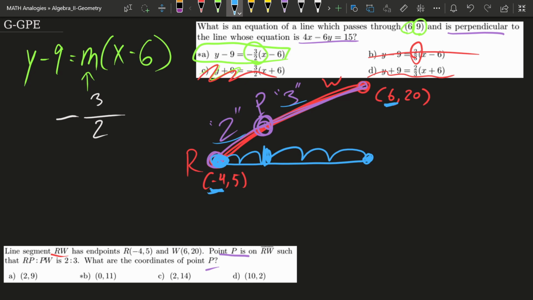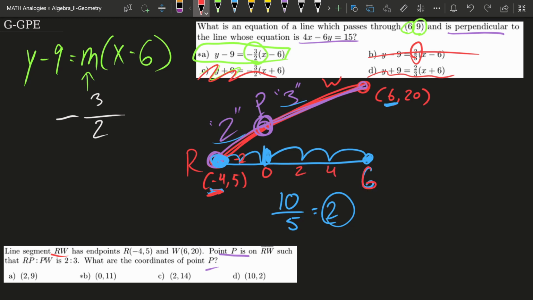So, how do we get from -4 to 6 in 5 steps? I mean, that's -4 to 6. That's a distance of 10. How do we get there in 5 steps? Each step should be length 2. So it's kind of like we have our -4, and then +2, and then +2, +2, +2, and then +2.